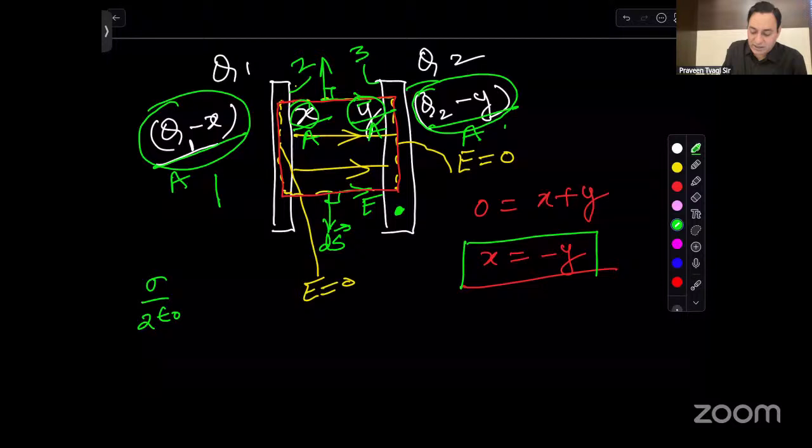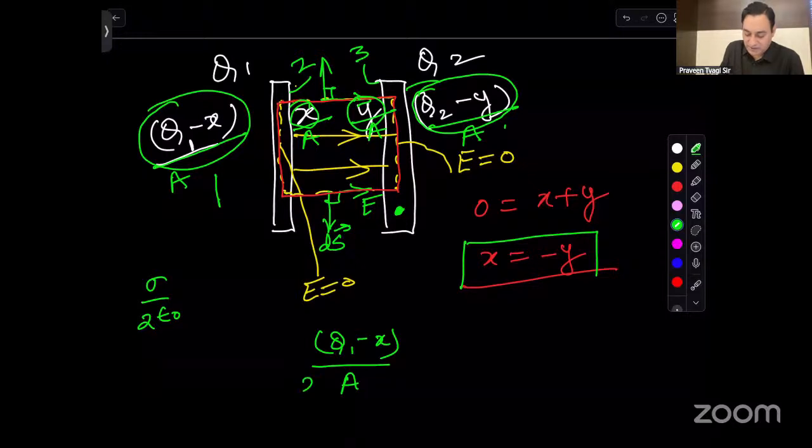Due to layer 1, it will be sigma, which is Q1 minus X upon area, upon 2 epsilon naught. And I am assuming this to be positive, so it will be in this direction. Now X will be in this direction, X upon 2 epsilon naught A. Similarly for Y, again I'm assuming Y to be positive.